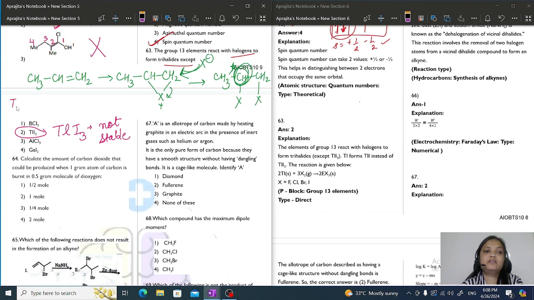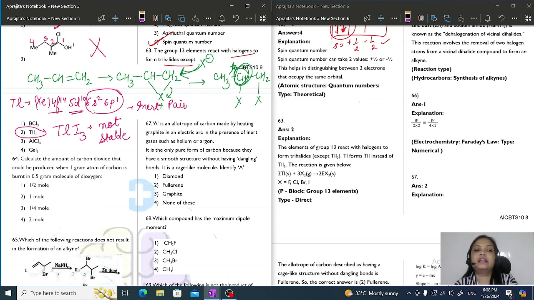So why is it not stable? Because in thallium, the configuration is 4f14, 5d10, 6s2, 6p1. Now the outer shell has 3 electrons, but because of the inert pair effect and poor shielding by 4f and 5d electrons, these 6s electrons are not going to participate in the bonding.